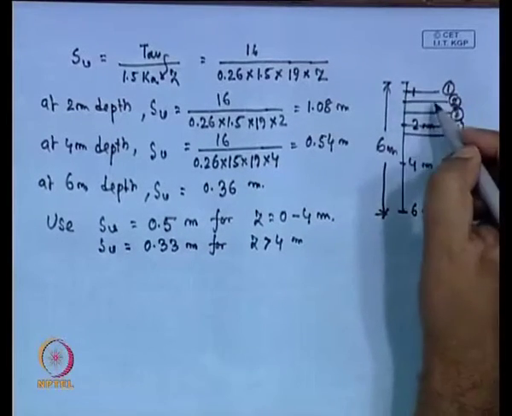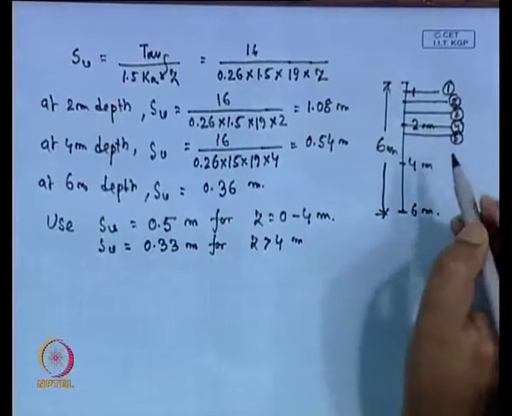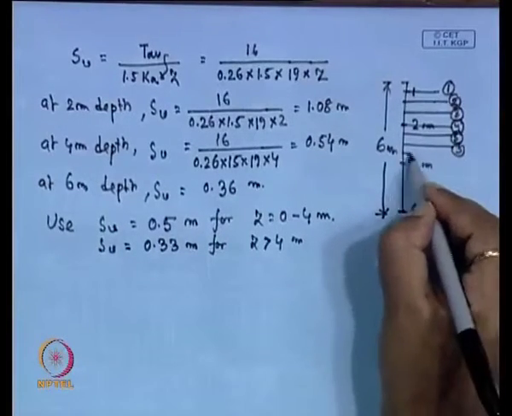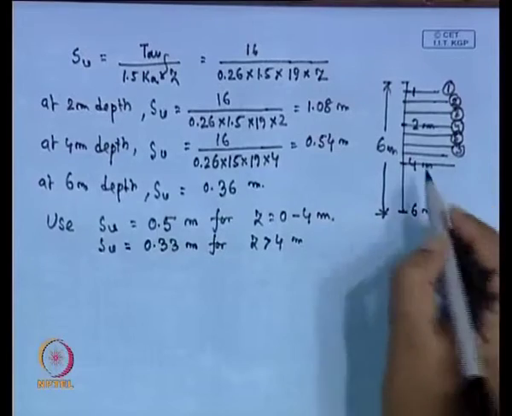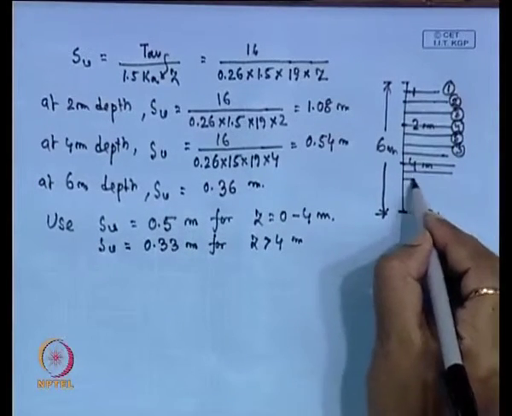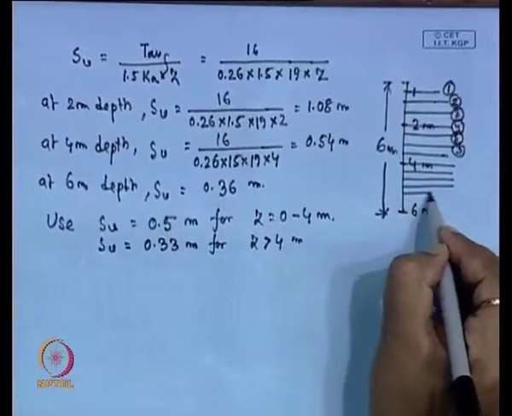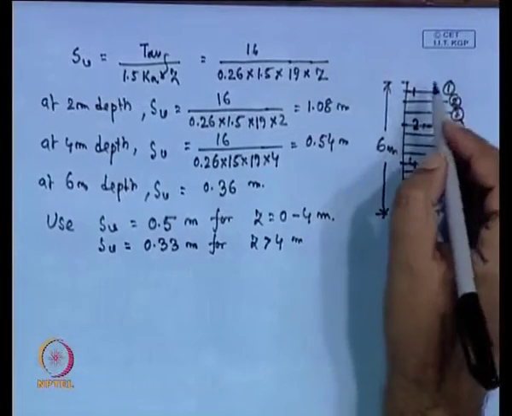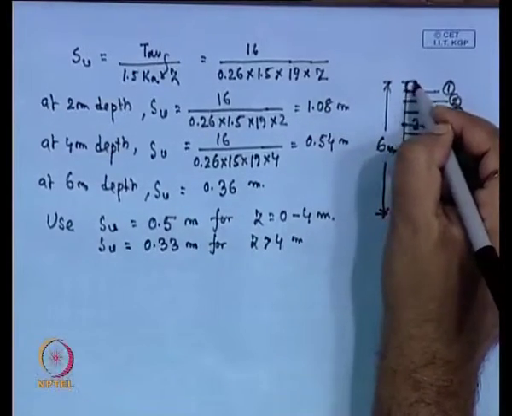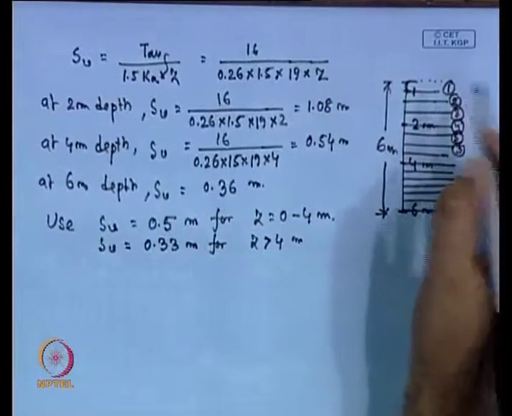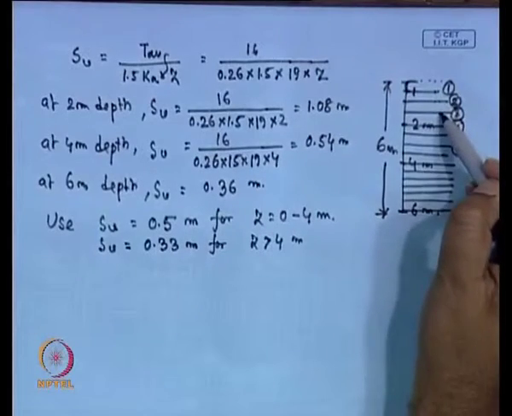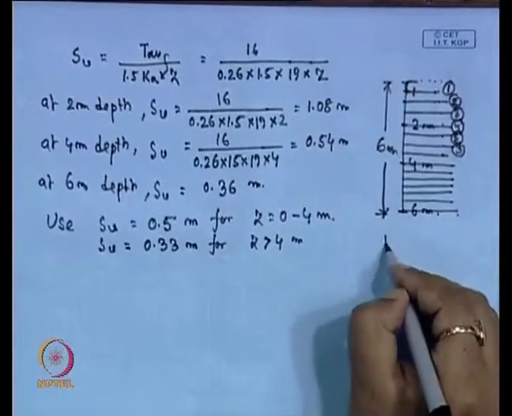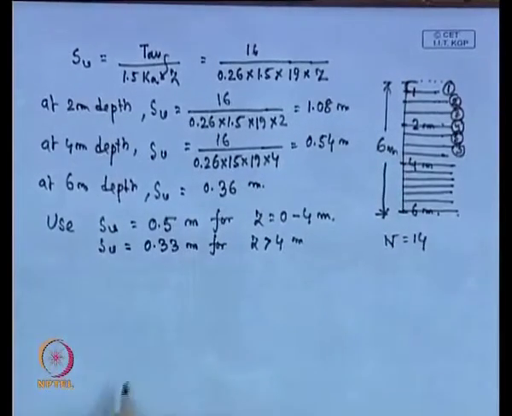So, 0.5, 1, 1.5, 2, 2.5, then 3, 3.5, 4, then 4.33, 4.67, 5, 5.33, 5.67, and 6. At the top, Z equal to 0, we are not providing any spacing, because we will fold this one and keep this one open. So, the number of reinforcement layers will be 1, 2, 3, up to 14. So, the number of reinforcement layers is 14.